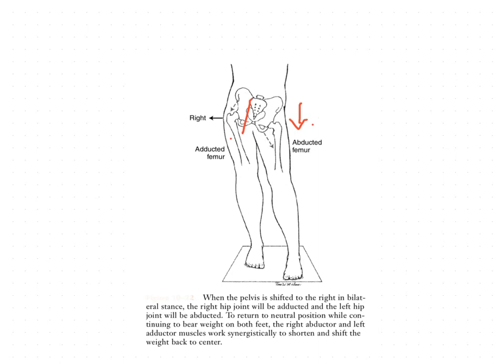If you are shifting weight to the right side, both limbs are in contact with the ground. When you shift onto the right side, you are not abducting the limbs, you are just shifting onto the right side. What is happening on the left side? We can observe some drop of the pelvis.